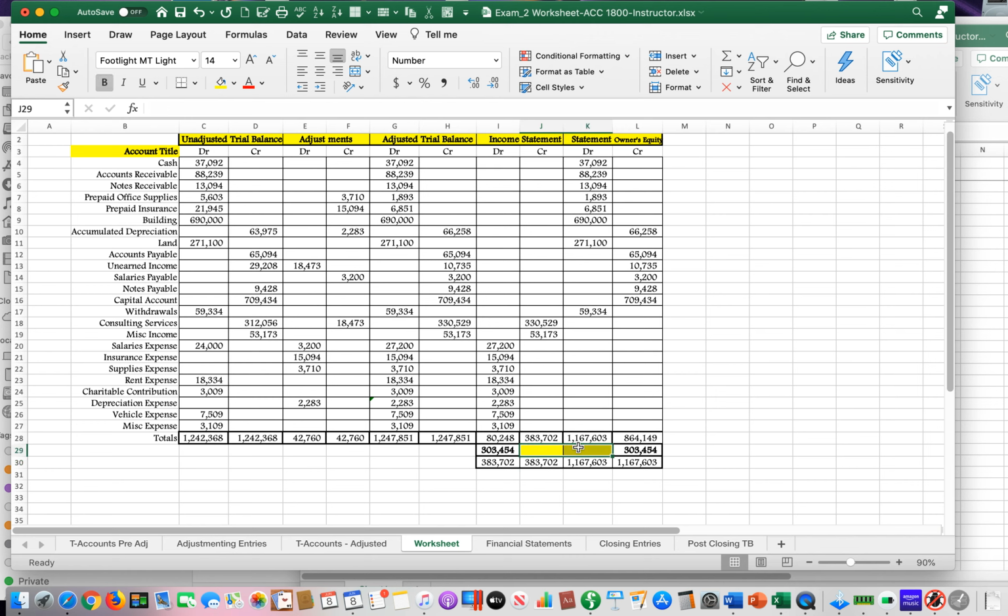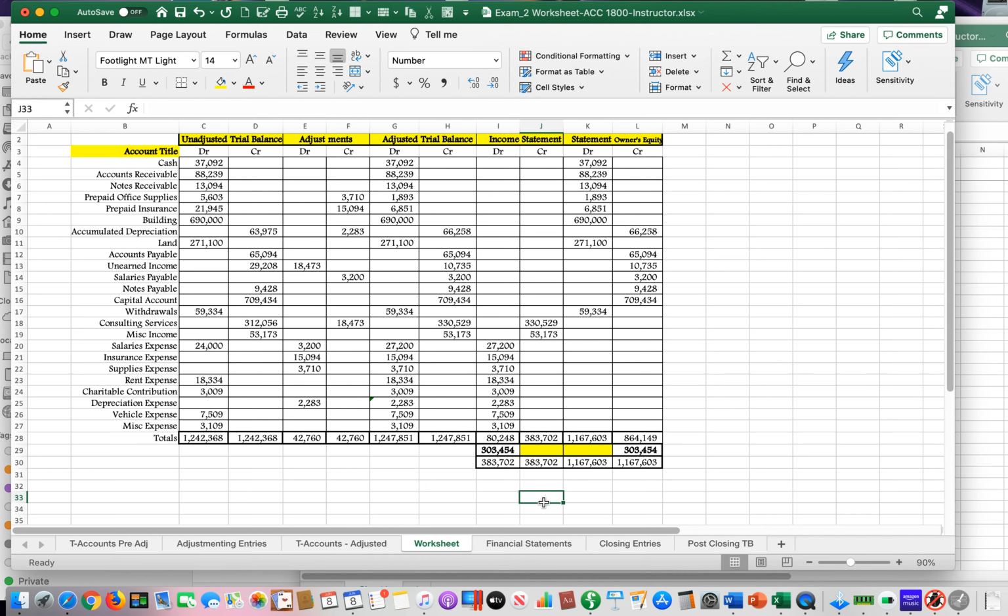Hear my words. If it's a loss, that means on the income statement your debits are going to be larger than your credits. And if it's a loss, your credit on the balance sheet will be larger than your debit. And thus you've got to fill in these two yellow boxes.